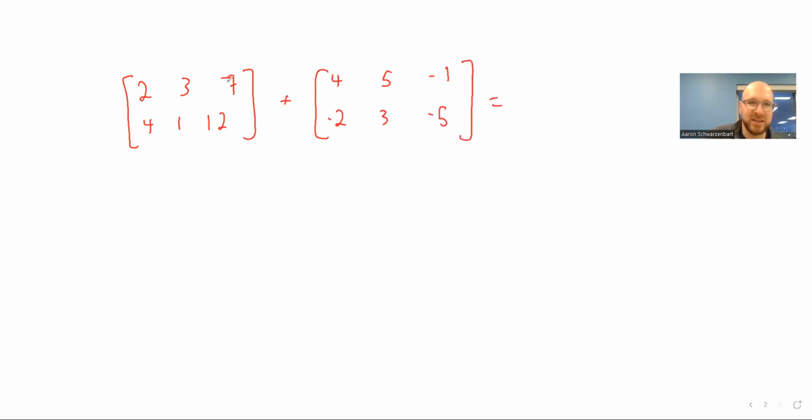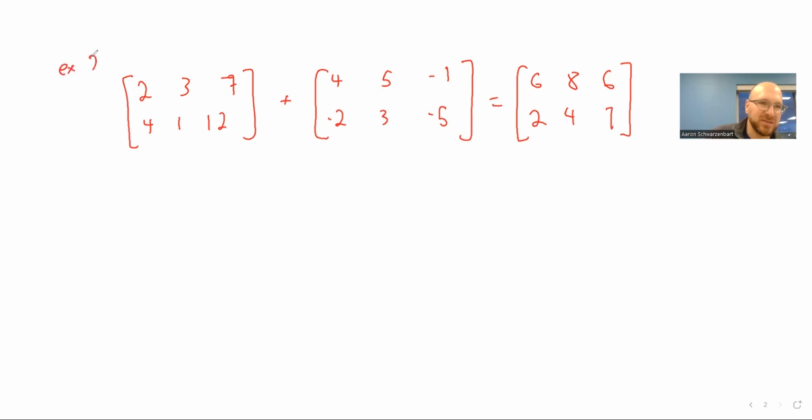So when I add these, I just add the things in the same place. So 2 plus 4 is 6. 3 plus 5 is 8. 7 plus -1 is 6. 4 plus -2 is 2. 1 plus 3 is 4. 12 plus -5 is 7. Yes, it is that easy.